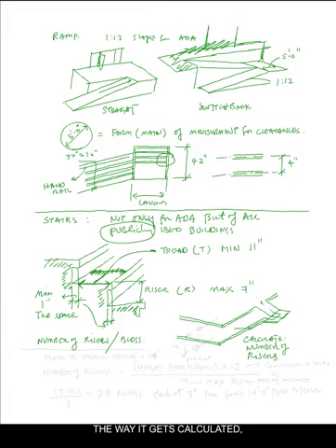The way it gets calculated, let's say you have a top of the floor dimension to top of the floor dimension of 14 feet. So that is floor to floor height. I make it 14 feet.